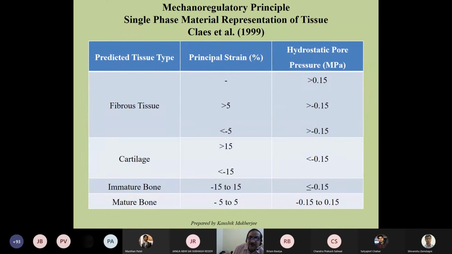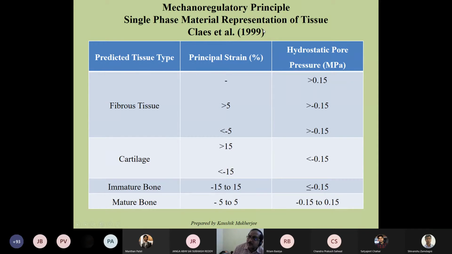So I discussed this thing yesterday. One important paper, as somebody asked me in the class about the relevance with biological events, Claes et al. 1999, was a pioneering contribution. This group, basically from Germany, has done a lot of work.